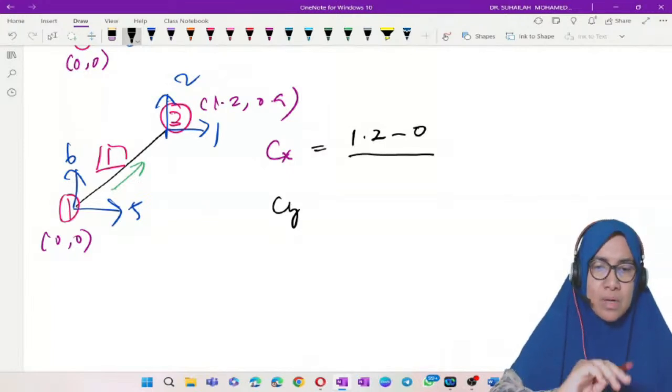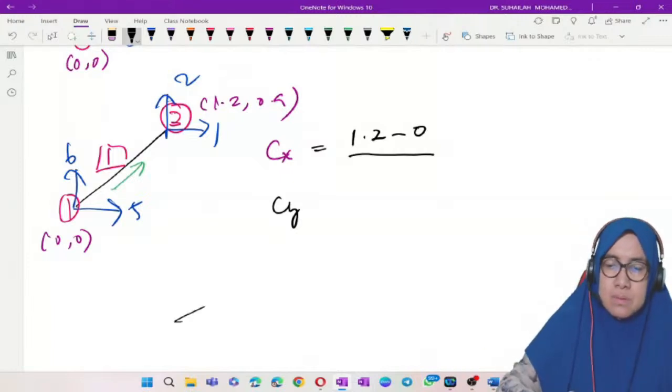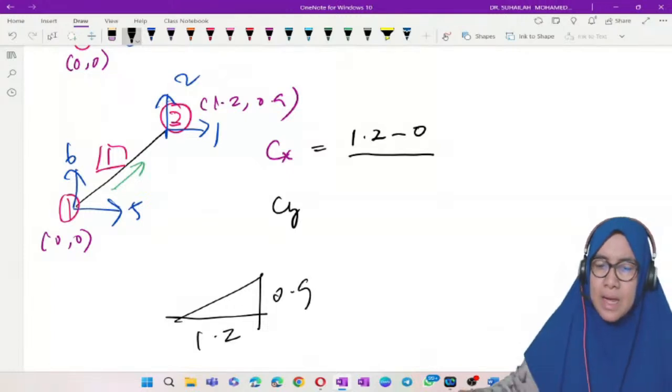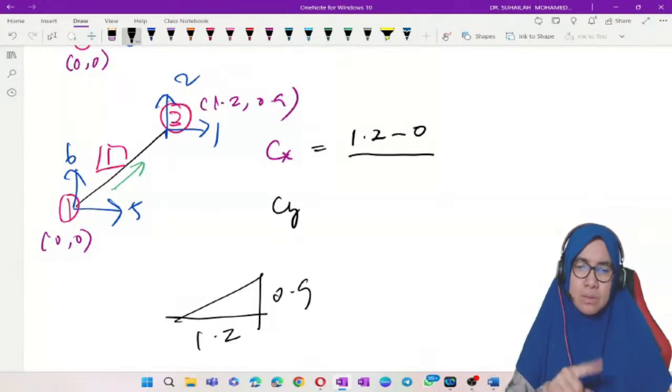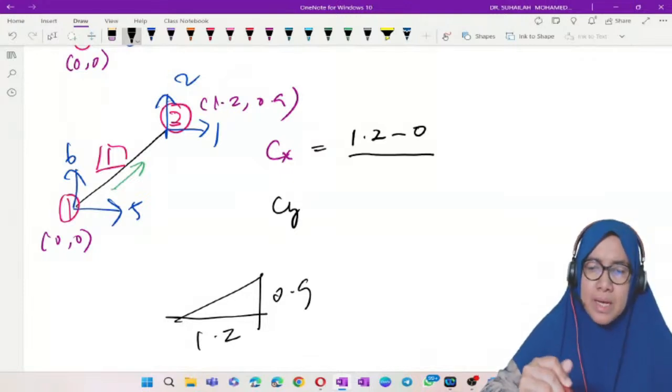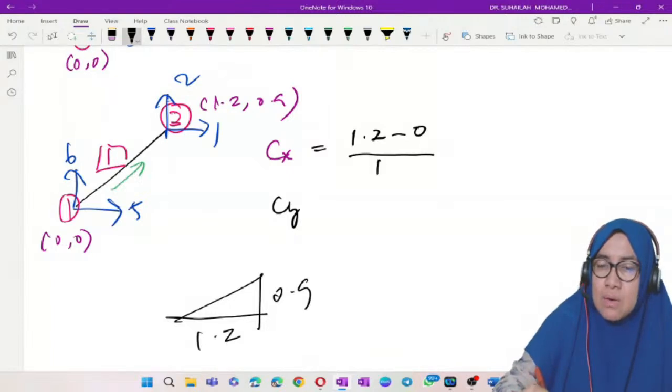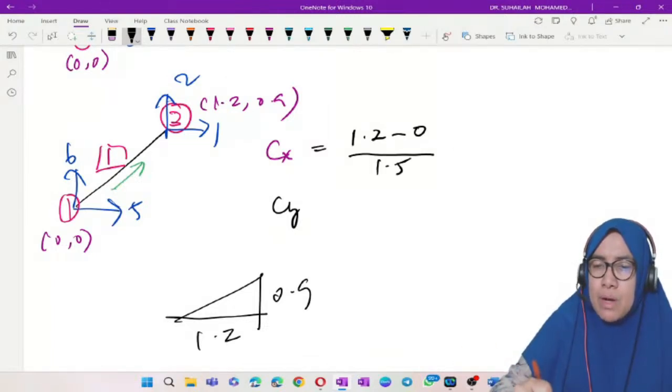The length for this, 1.2 and 0.9, is 1.5. So 1.2 divided by 1.5 is 0.8.